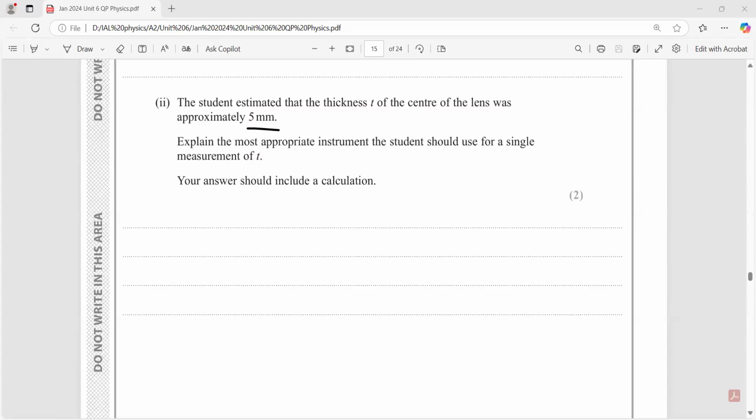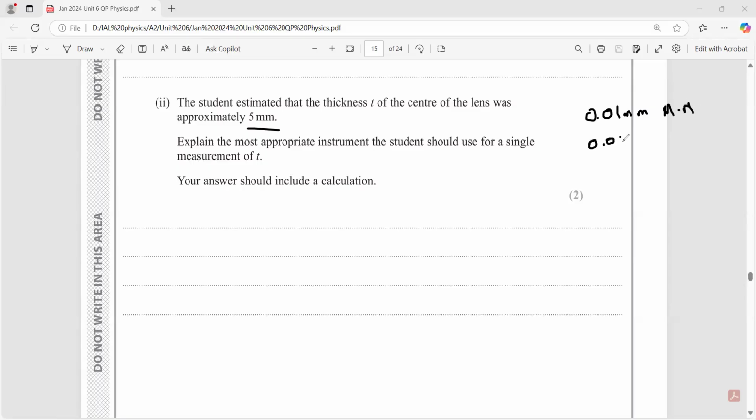Usually, what happens if you use a micrometer screw gauge? A micrometer screw gauge has the highest resolution, the smallest least count, it can record a smallest value of 0.01 millimeter. That is for a micrometer screw gauge.